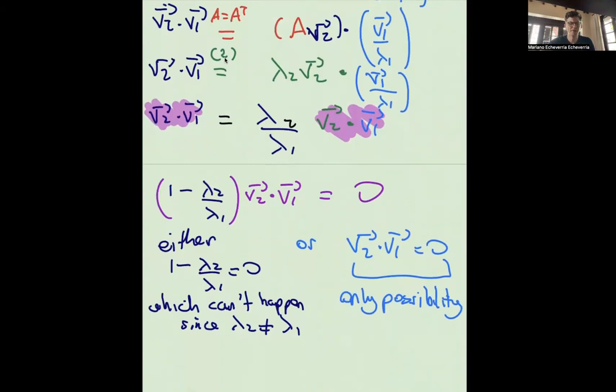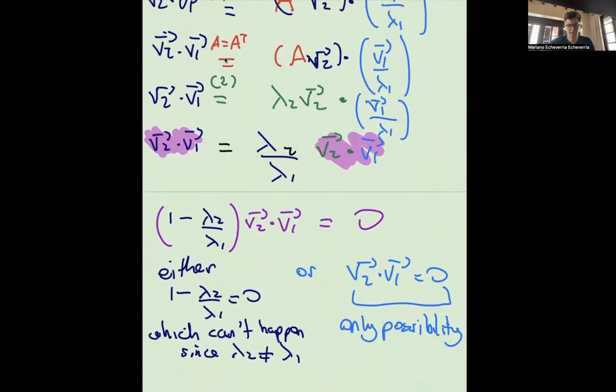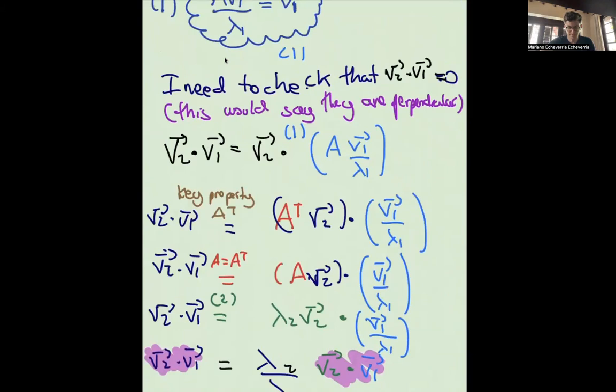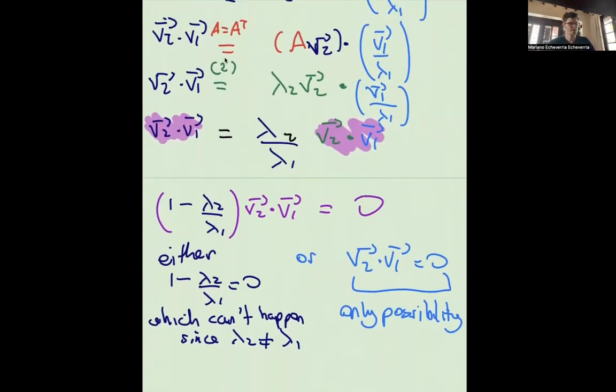But it's a fun argument to just illustrate why it's useful to have this property that you can move the matrix to the other factor in a dot product. Okay, is that okay? Any questions about this? So far so good.